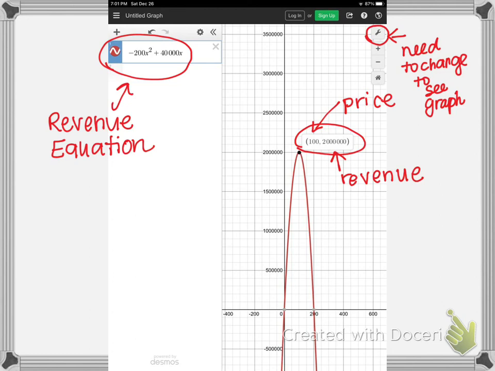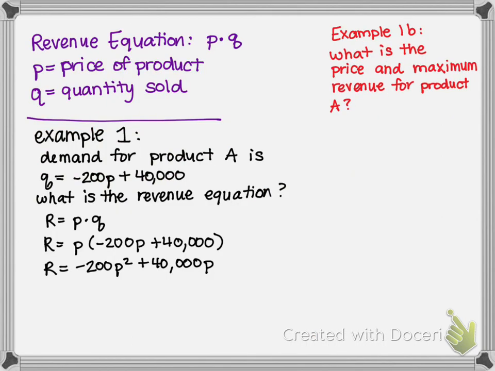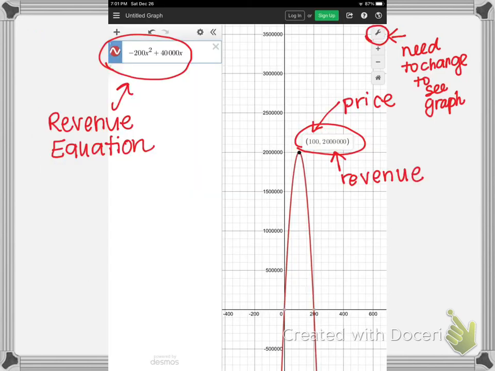But we know that at this price, we could produce 2 million in revenue, which is really awesome. So we can use this revenue equation to help us figure out the price and the maximum revenue for product A. And again, that price is going to be $100 and the revenue will be $2 million.